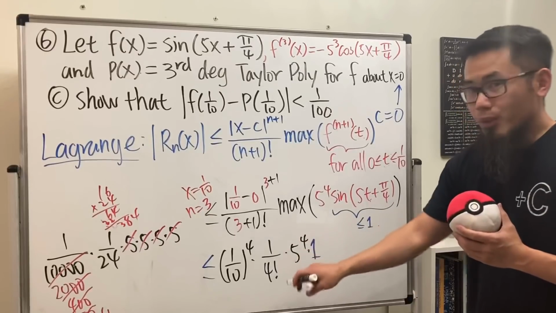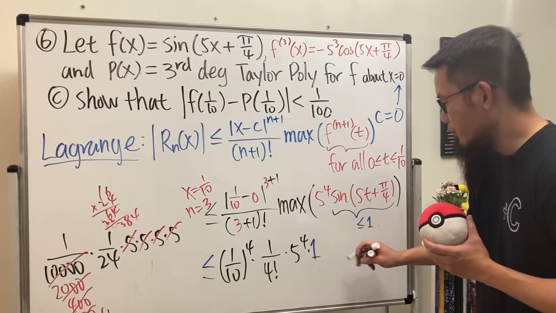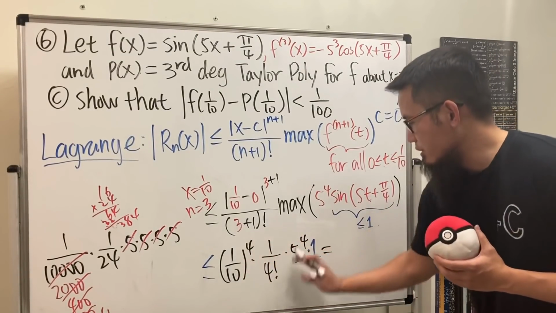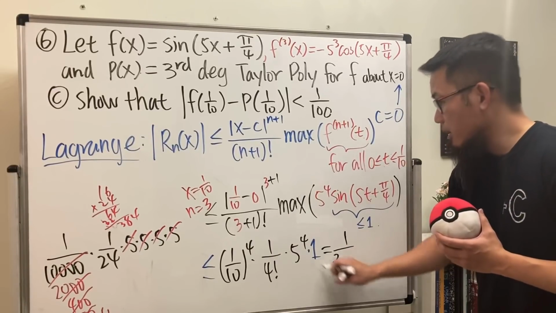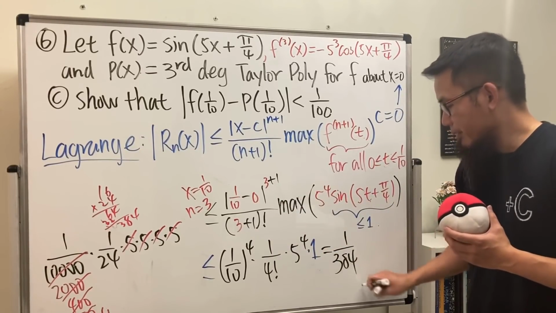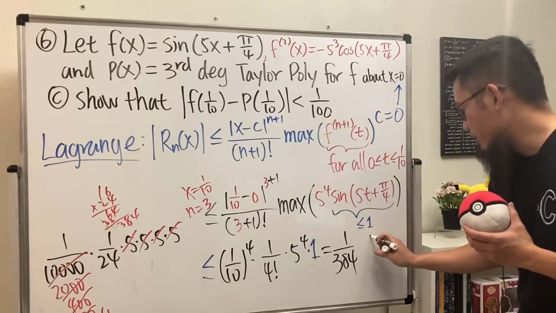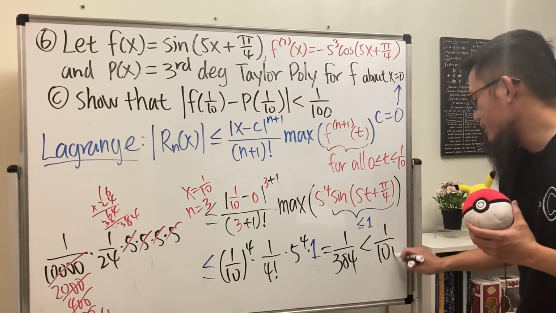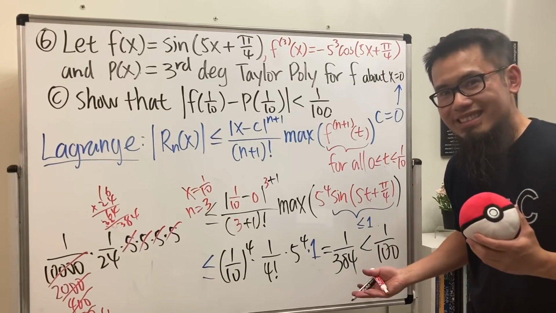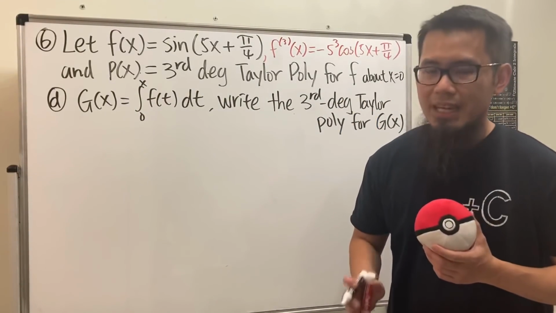Anyway, altogether we have 384 on the bottom, because it's just a computation. And you know what? This is definitely less than 1 over 100. So that's it.